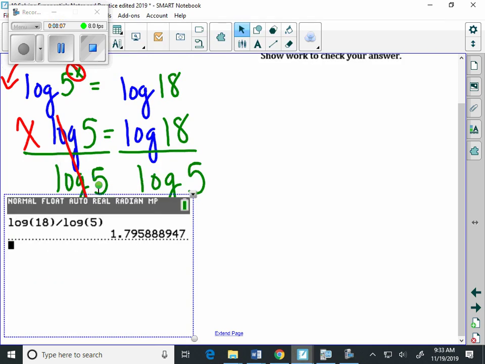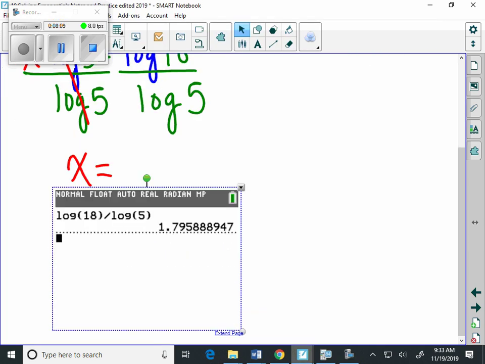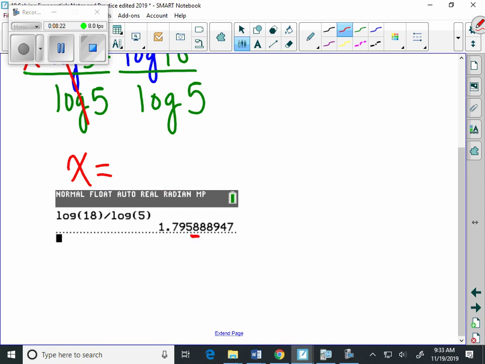We're going to round to the nearest thousandth, which is 3 decimal spaces. As we take a look here, 1, 2, 3. So we're going to look at the 8 here, the first 8, to determine how to round. And because 8 is 5 or higher, our answer is going to be 1.796.